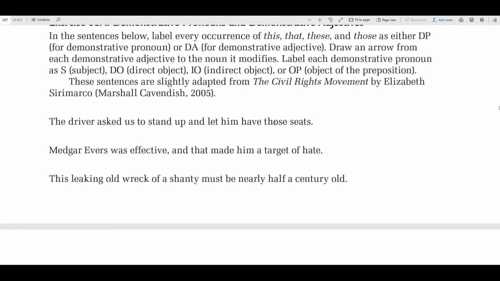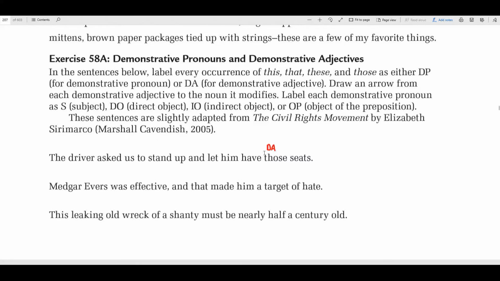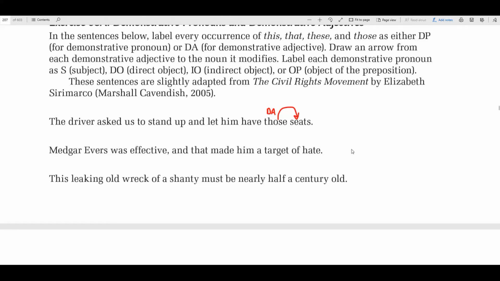Okay, this would be a DA, demonstrative adjective, because it answers which one? Which seats?